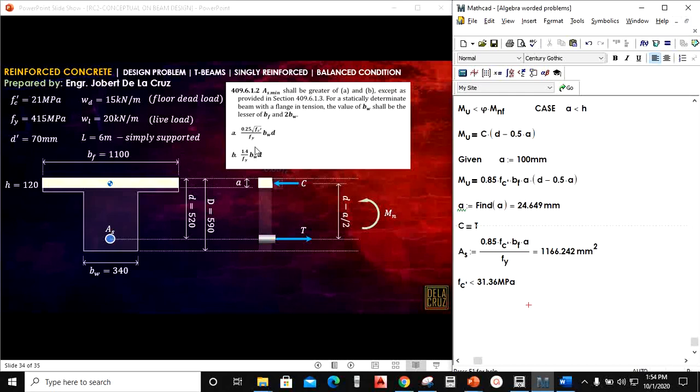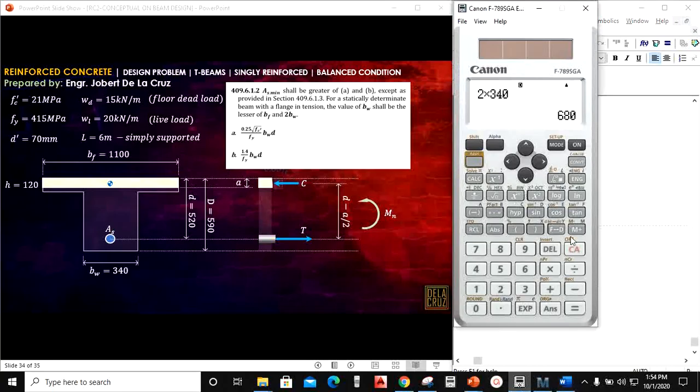Kumbaga, i-substitute natin dito. Medyo nagkakalito, no? So, ang gagawin ko is I will just compare. Ang bf natin is 100 and 2bw times 340, that is 680. Then, we will use the 2bw, kasi lesser value. I hope that is clear.